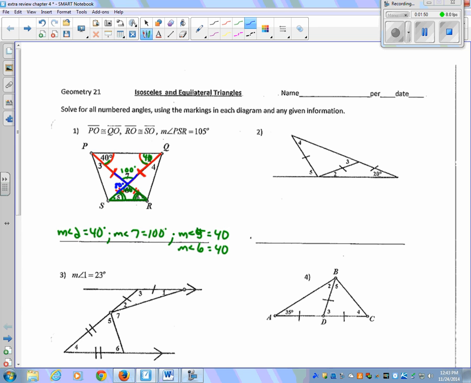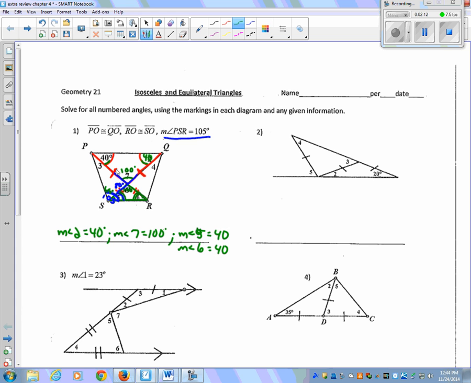So if that's 80, and we're given that PSR is 105, this whole thing is 105. If this part of it is 40, that leaves us 65 left for this angle right here, 65 here.